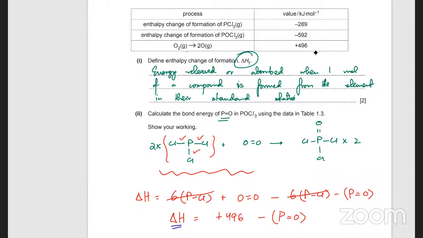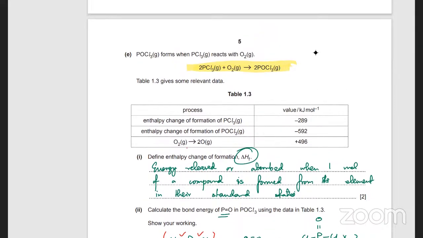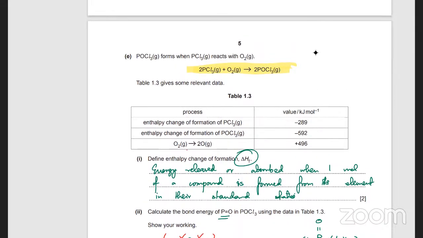But there's a way of finding delta H for this reaction. How do you find delta H for this reaction? They gave you the enthalpy of formation of PCl3, which is minus 289, and that's going to be minus 289 times 2.